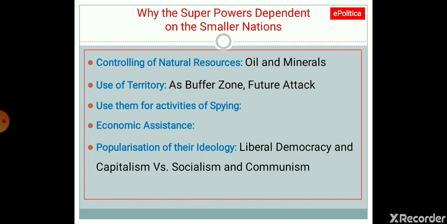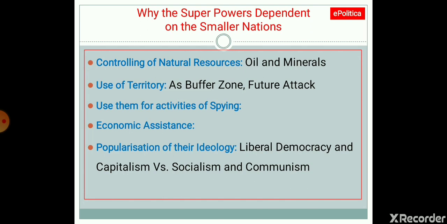So to popularize their political ideology, they needed member countries so that they could push their ideology to these smaller countries. So these smaller countries were used by the superpowers so that their ideology could be developed and popularized. So these are the reasons why the superpowers were dependent on the smaller nations.